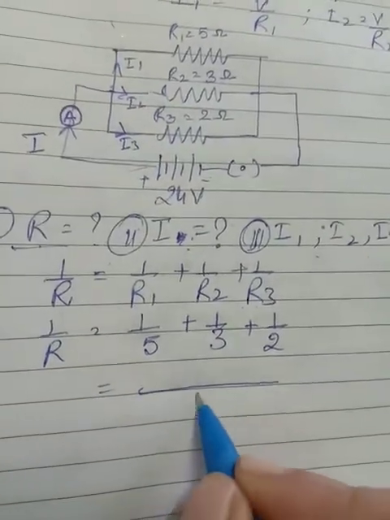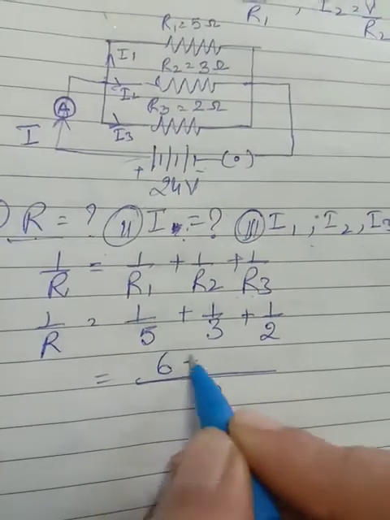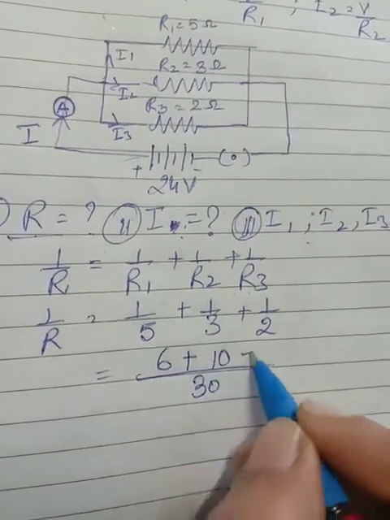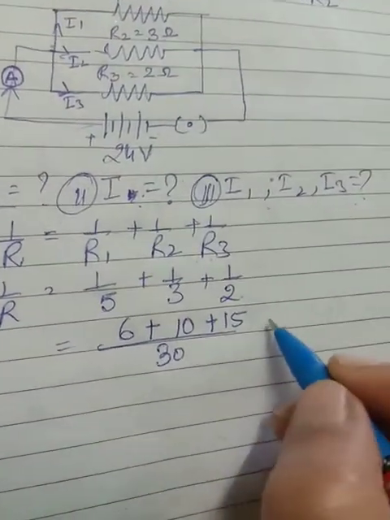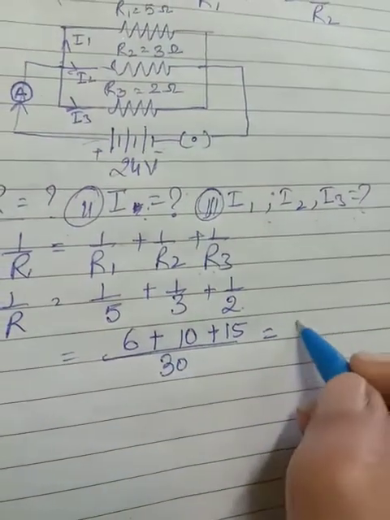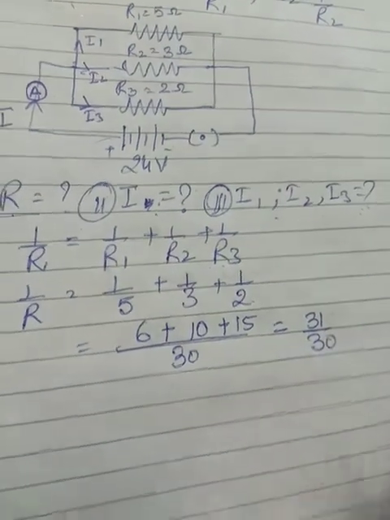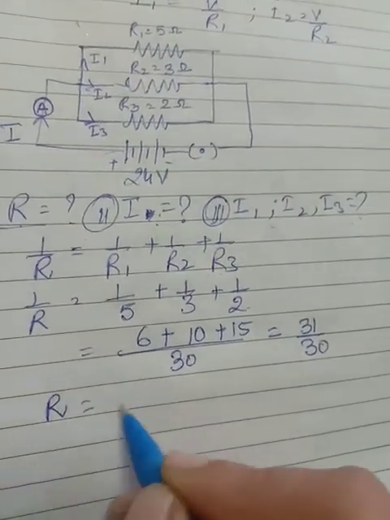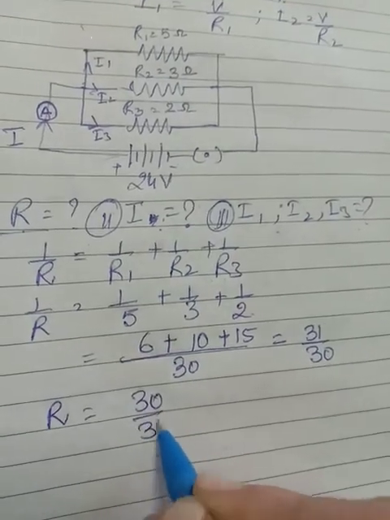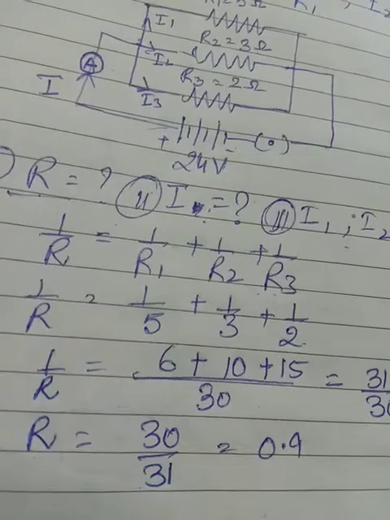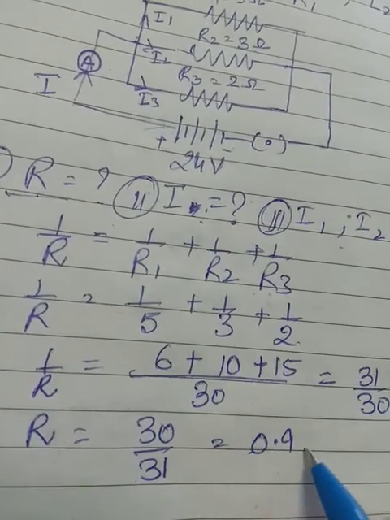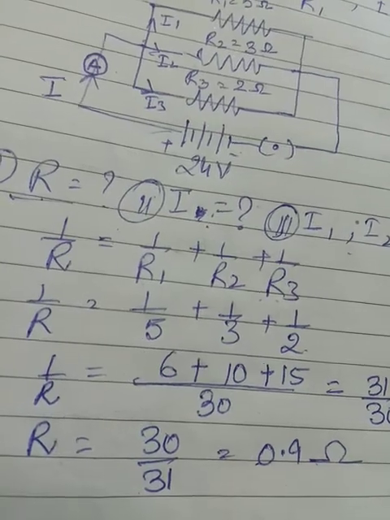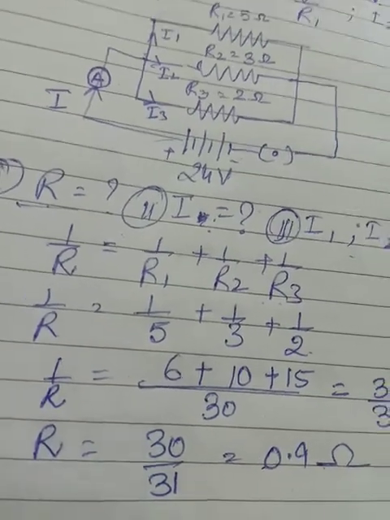The LCM comes out to be 30: 5 sixes are 30, 3 tens are 30, 2 fifteens are 30. So it becomes 31 by 30. So our total resistance R comes out to be 30 upon 31, which is approximately 0.9 ohm. This is the value of the complete resistance of the circuit.